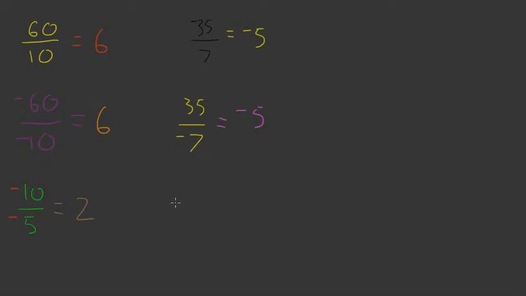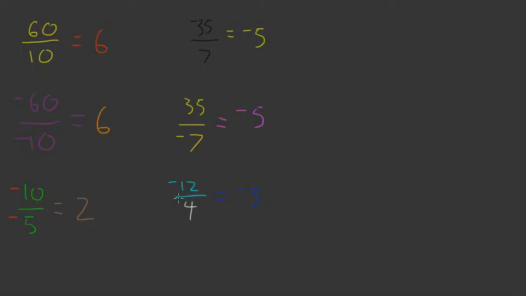So for example, say you had something a little more easy like negative 12 divided by 4. Well, that's going to result in a negative 3.